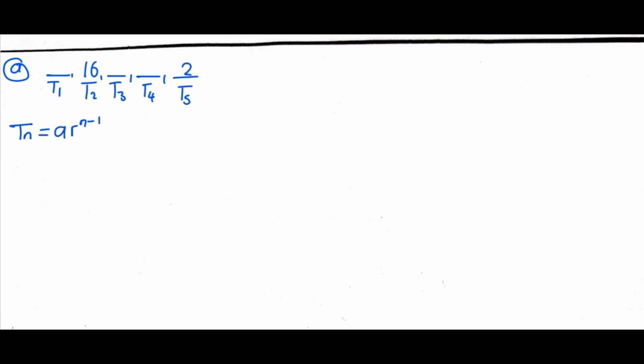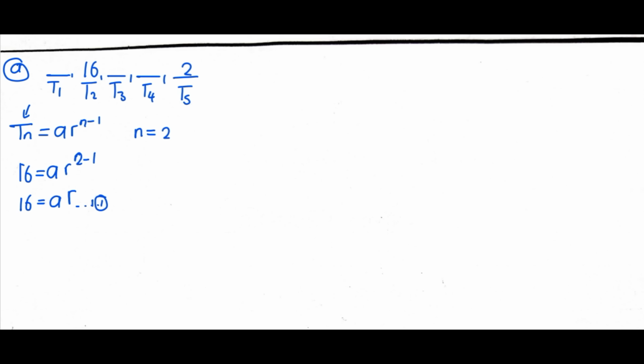Where there is Tn, we are going to put our second term, which is 16. So 16 is equal to A R, 2 minus 1, and 2 minus 1 is 1. So we'll say this is our equation 1.